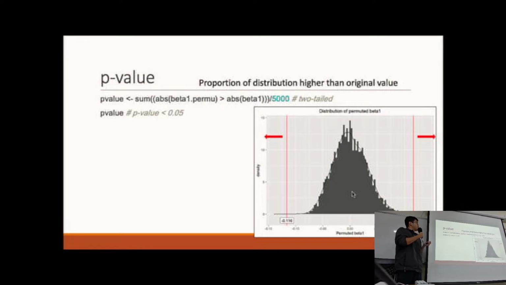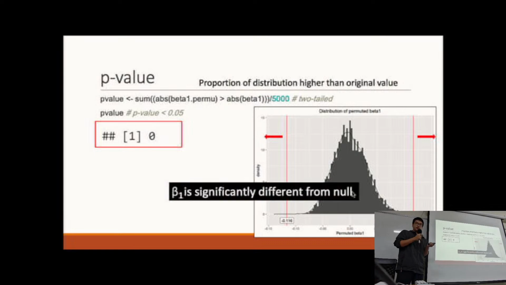So I use abs to get the absolute value of each beta 1 in each permutation, and see how many values are higher than the original beta 1, get the sum length and divide it by 5,000, and the resulting p-value is 0. So I can conclude that beta 1 is significantly different from mu.